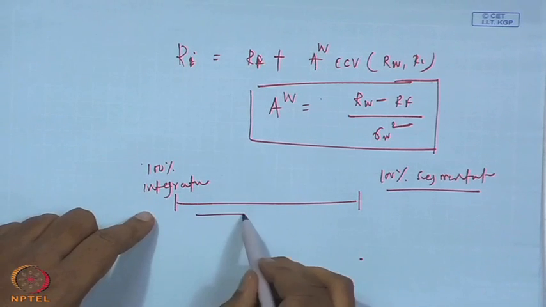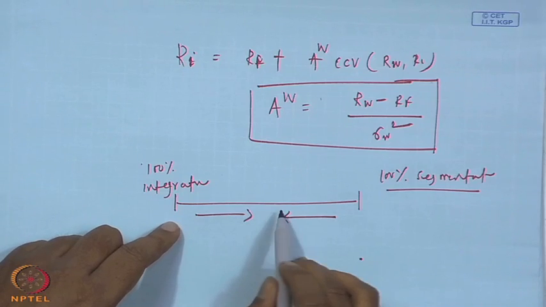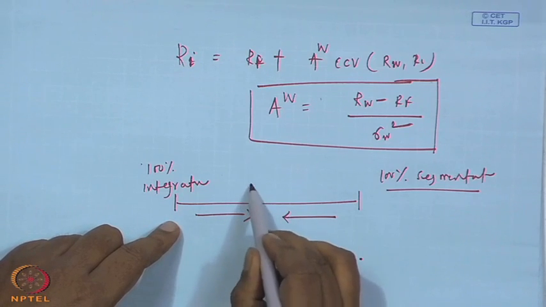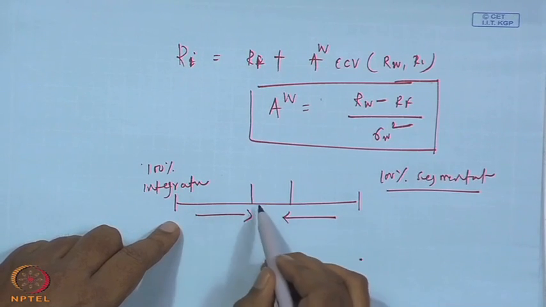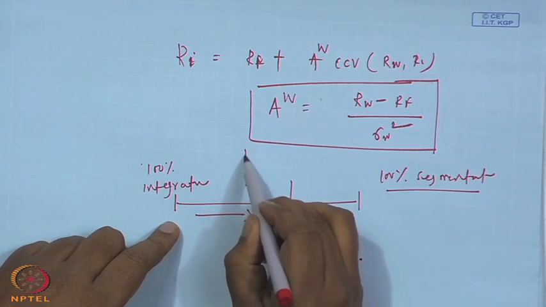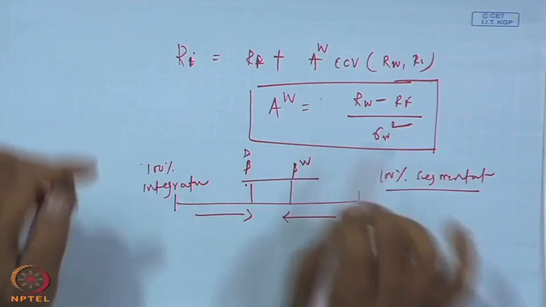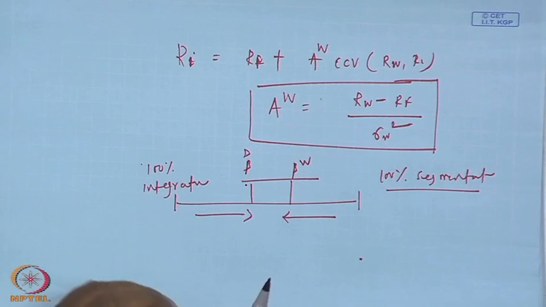The market will have some degree of segmentation and some degree of integration, and the asset will be somewhere in between. Both domestic beta and international beta influence the capital structure of a particular company.